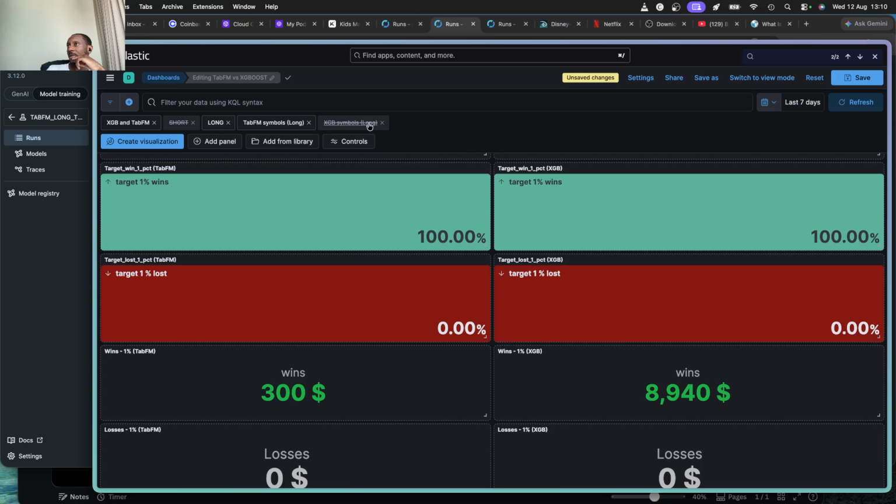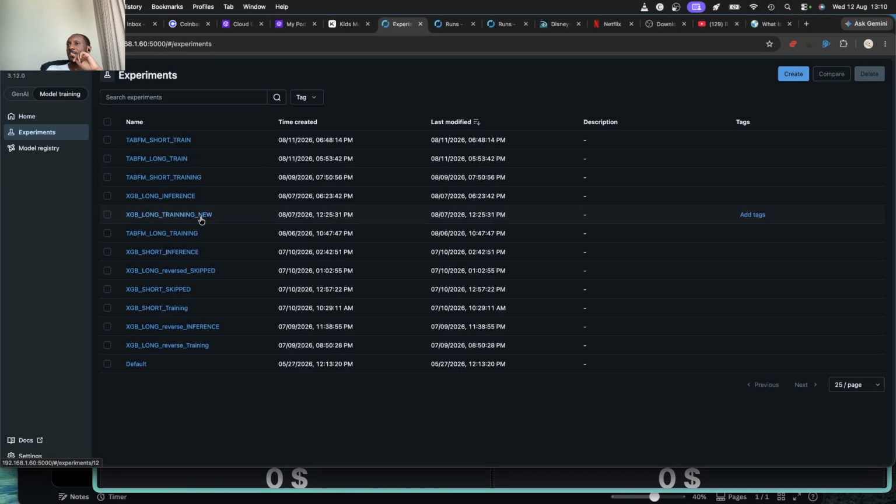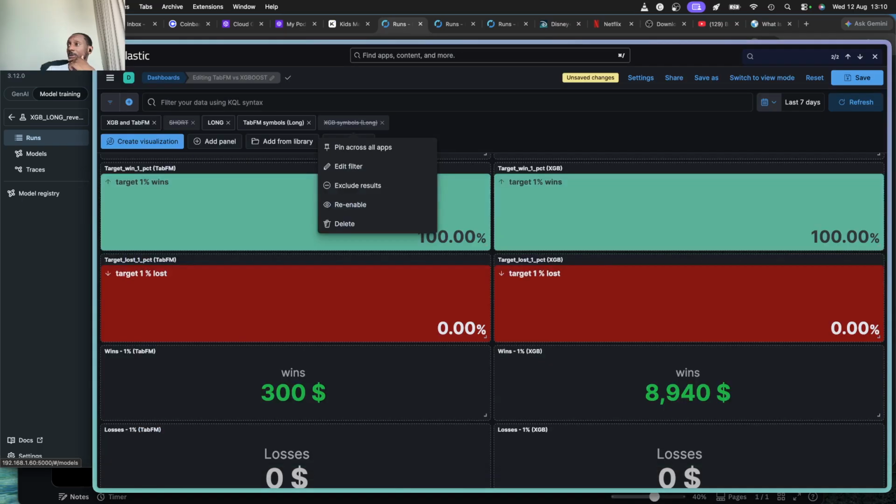On the XGBoost measurement, it's actually better, right? These are the XGB ones, these are the measurements. And XGBoost measurement seems to be pretty good playing it here.